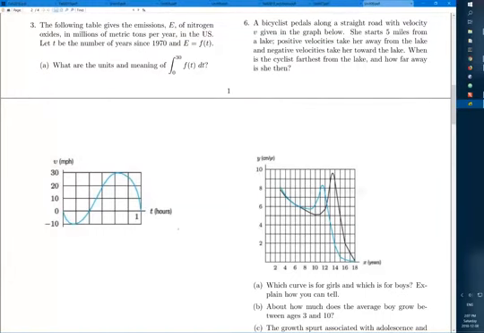So the Riemann sum usually I think of as heights and widths. Is that what you're thinking?